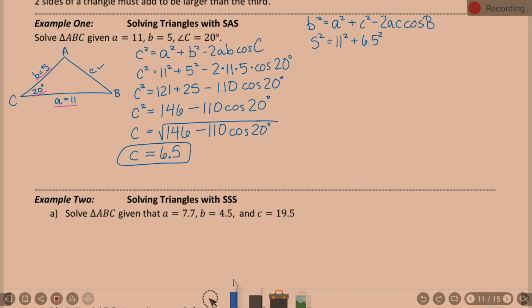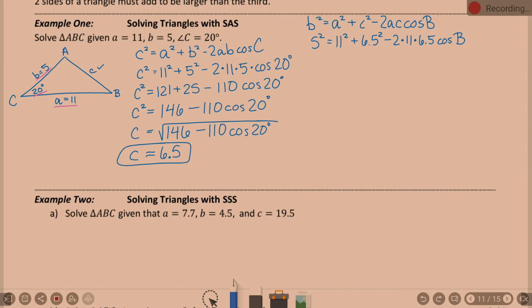Yes, you have to use that rounded number. We can't avoid it. Okay. Minus 2 times 11 times 6.5 times cosine of B. Now, this one, I would encourage you to do some more pencil paperwork before you totally jump to the calculator. Just because there's more solving involved, right?